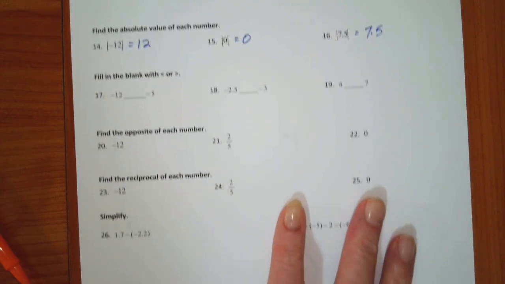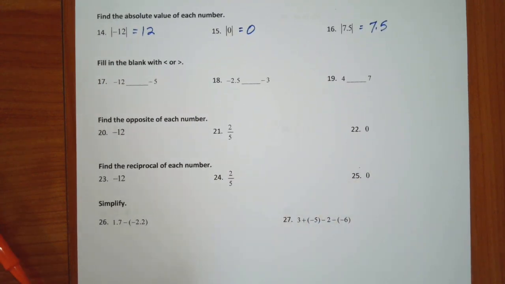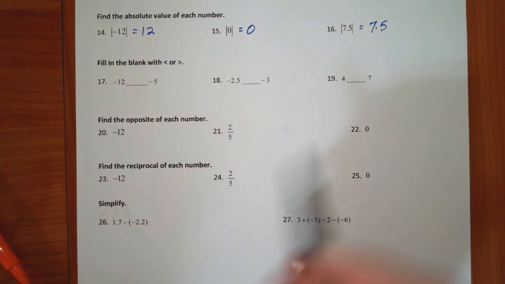Okay, on the inequalities, if I want to fill the blanks with less than or greater than, there are a couple ways I can do this. I can look at a number line and find their positions on the number line.